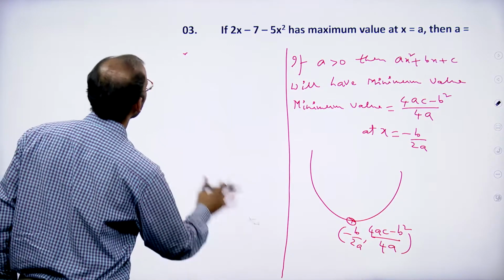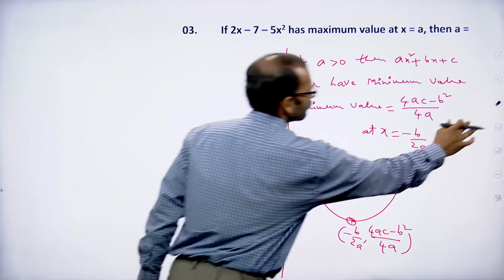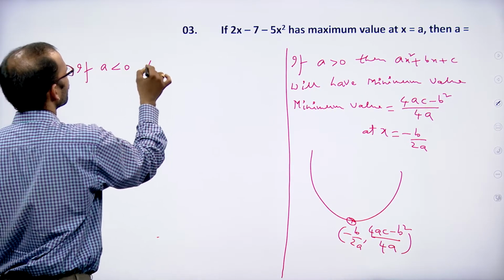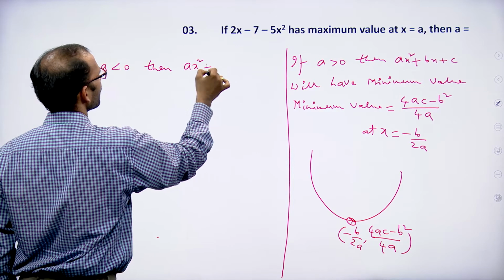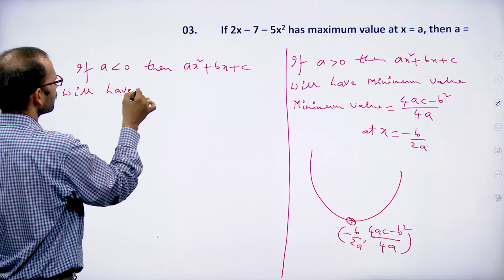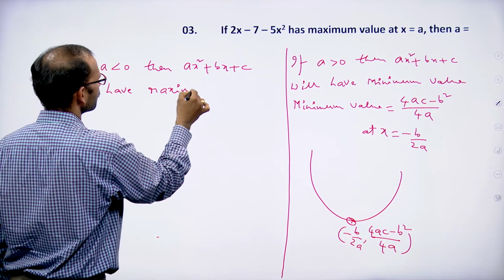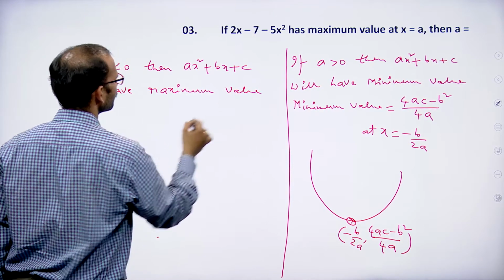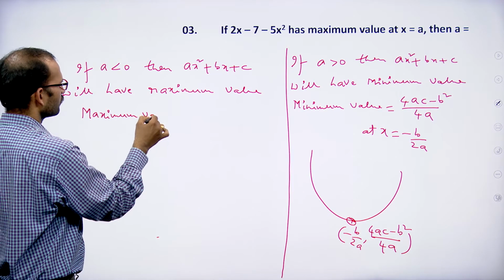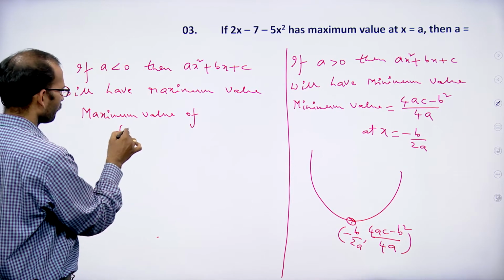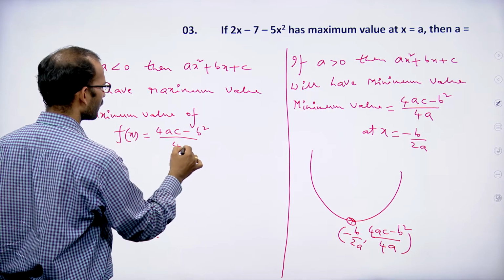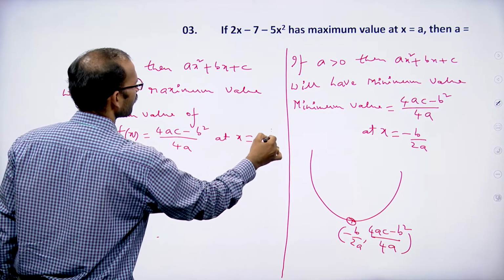Okay. When a is less than 0, if a is less than 0, then ax square plus bx plus c will have a maximum value, and the maximum value of f of x is equal to 4ac minus b square by 4a at x equal to minus b by 2a.